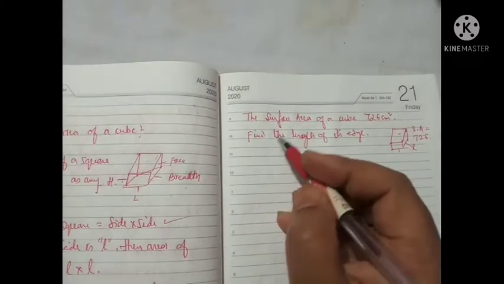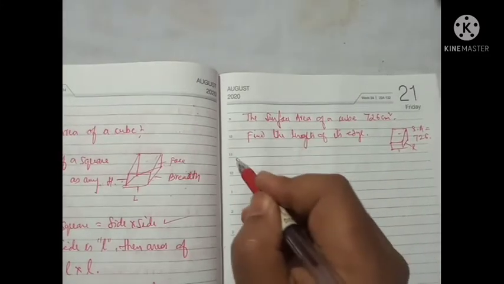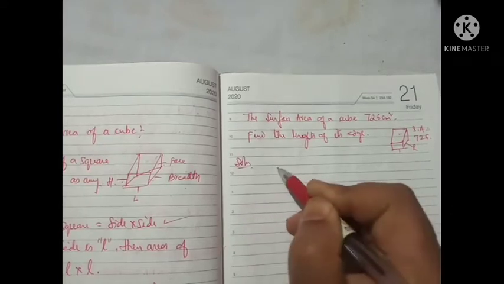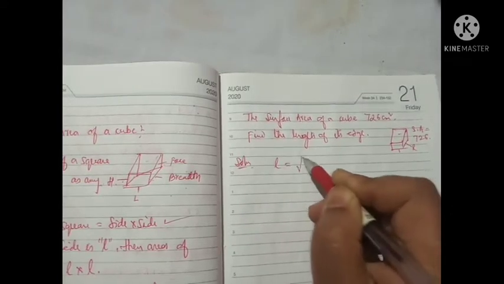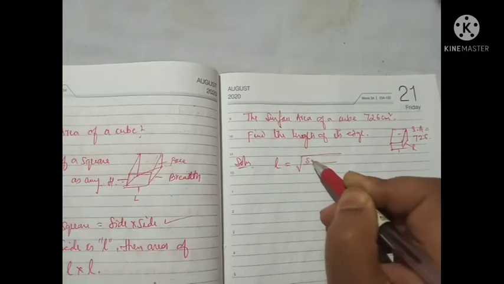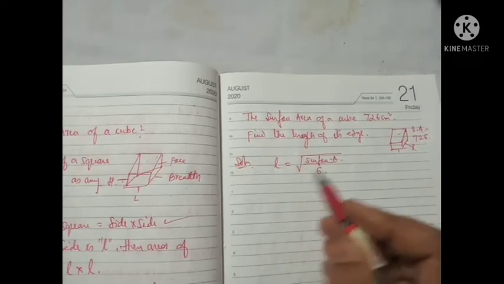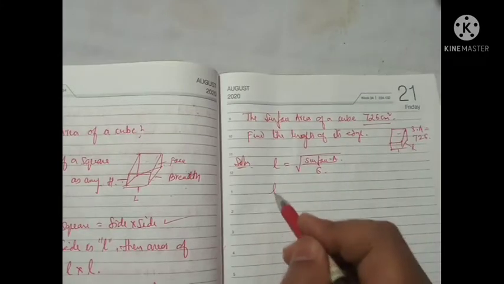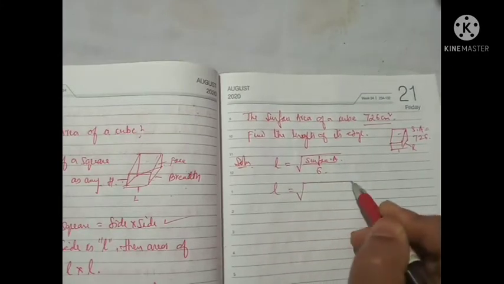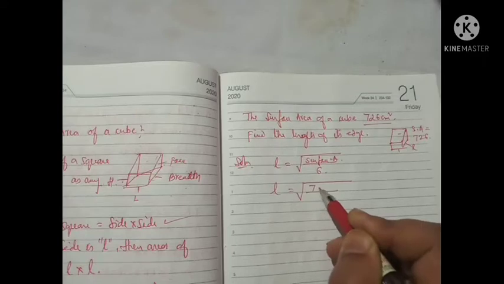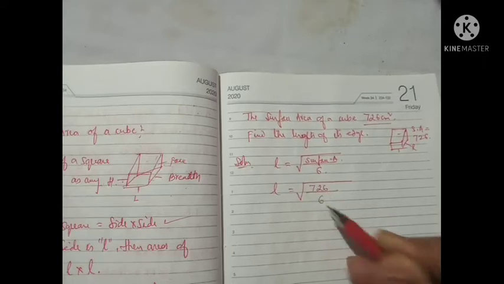So let's see here. According to the solution, L equals root over surface area divided by 6. Now what is the surface area? L equals root over 726 divided by 6.